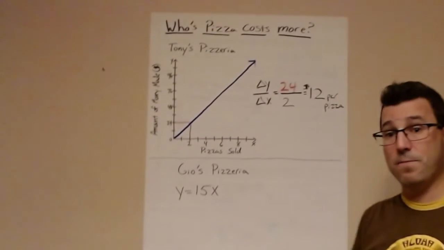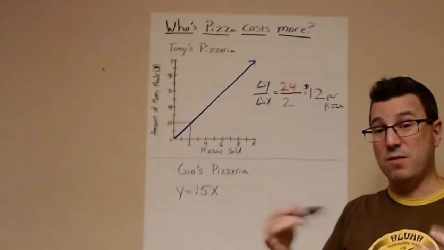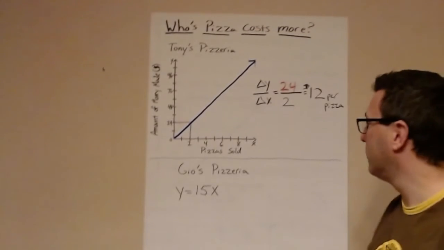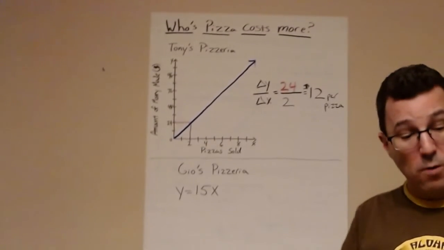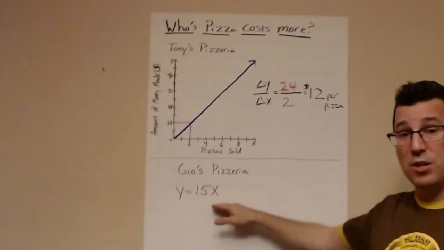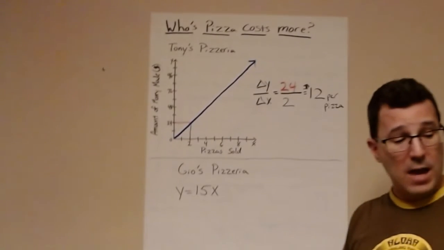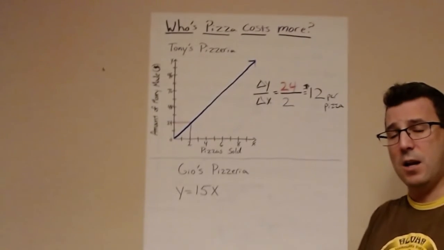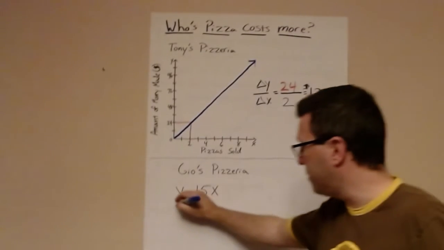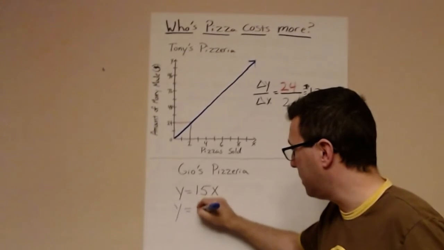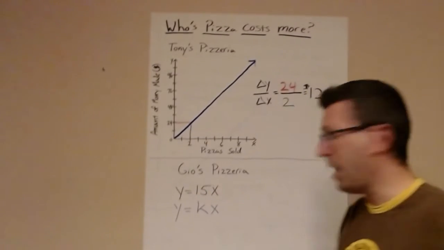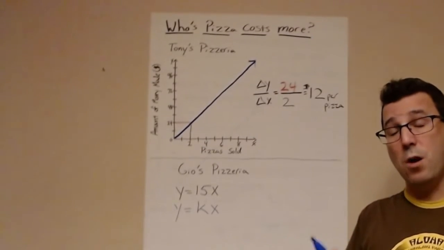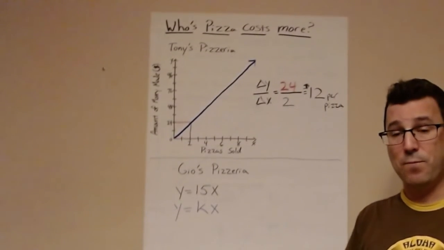per pizza. I have a new camera, so if this looks a little weird, that's why. The other one died. Okay, so when we have an equation, the general form of an equation that's proportional is y equals kx, where k represents what's called the constant of proportionality.